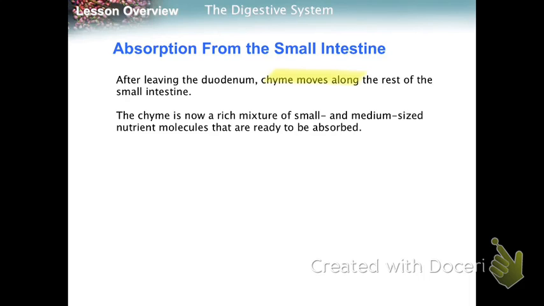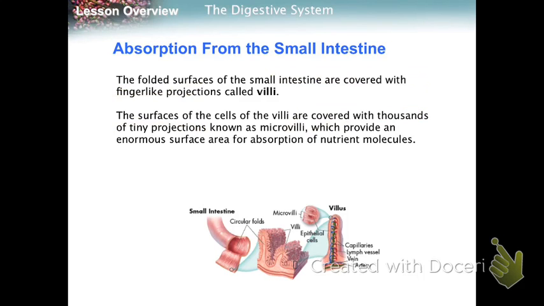The chyme moves along the rest of the small intestine, and now it's small and medium-sized nutrient molecules that are ready to be absorbed. Absorption happens in these little finger-like projections called villi that are in the small intestine walls. These villi are covered with microvilli, which make an enormous surface area for absorption.